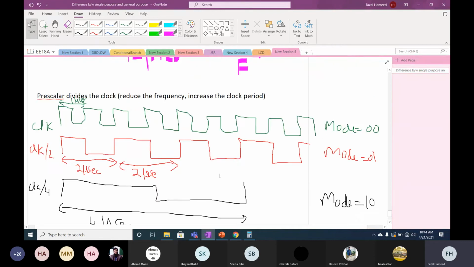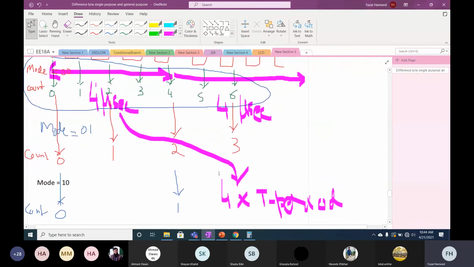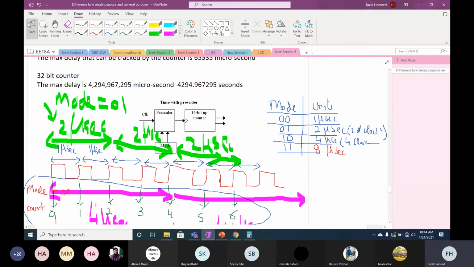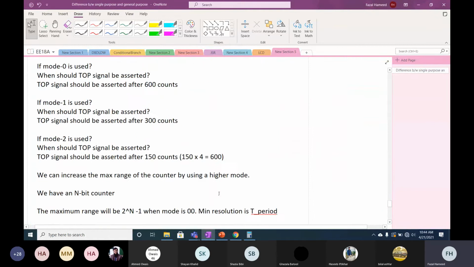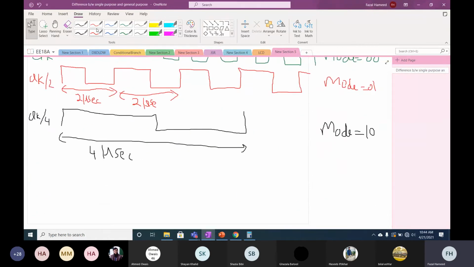So can we draw it like this? Now, if you look at the figure, can you see the figure? Please scale the figure above. So now you have a clock. Can we use a multiplexer here? So now we are using a multiplexer here.